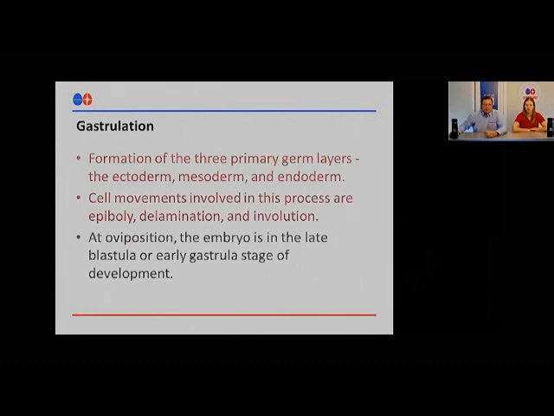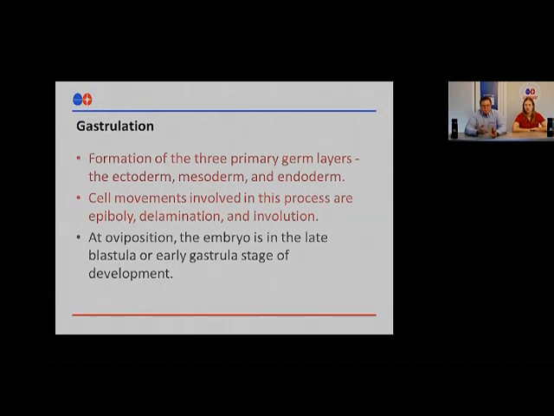During gastrulation, you have the 3 primary germ layers: ectoderm, mesoderm, and endoderm. So really early, we're getting our 3 germ layers that are necessary for the embryo. This is real early. You're not seeing any of these things occurring in the embryo, but it's a very critical part of embryo development. And again, this has to occur in these very early stages of development.